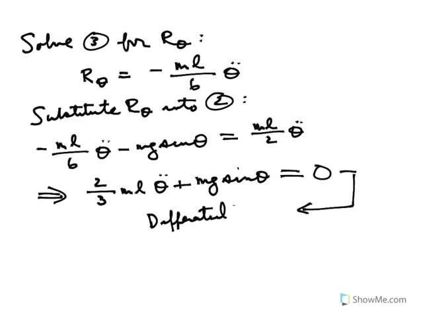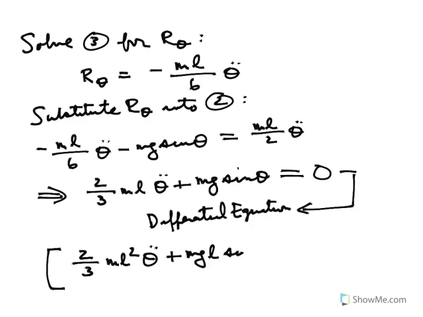Now, in order to make this look like what we might get when we finish with the other method, just for completeness, I'm going to put this on the side. If we multiply by L, we get 2/3 ml squared theta double dot plus mgl times the sine of theta is equal to 0.